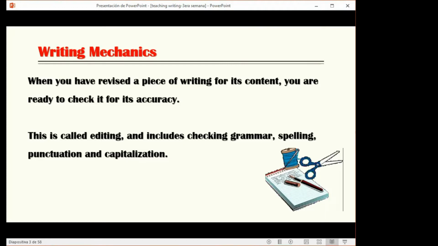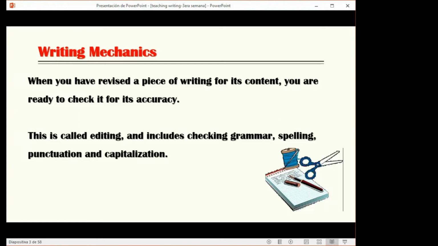Oh, maybe I forgot to add the letter S. Oh no, this verb is irregular, not regular. Oh, here I confused a letter, or I forgot to write a letter, or I added an extra letter. Hi, Elia. So notice, I forgot to write the capital letter here. It's a country.